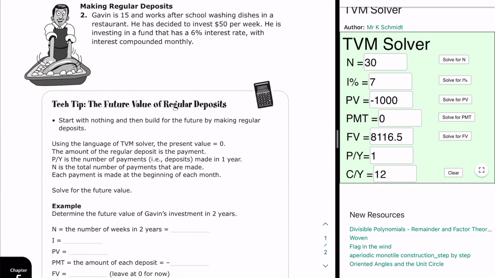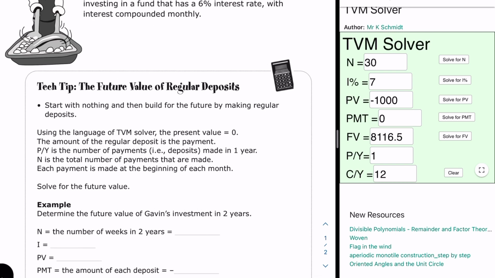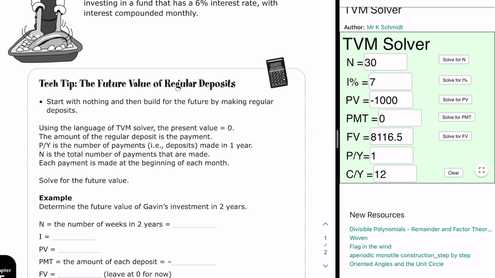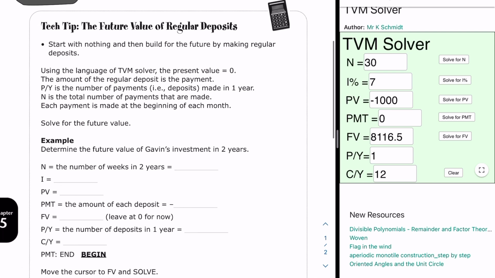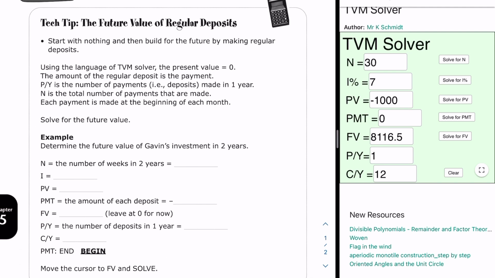Now, in order to do the next part of 5.4, we need to do this tech tip first, because this is with regular deposits. So our TVM solver is going to change a tiny bit. This has to do with question 2 in your worksheet. Here you start with nothing and build the future by making regular deposits.